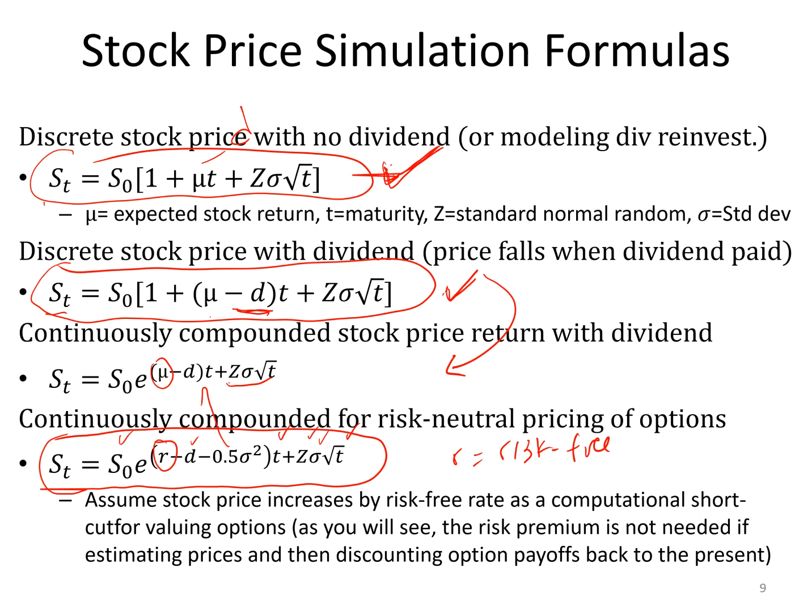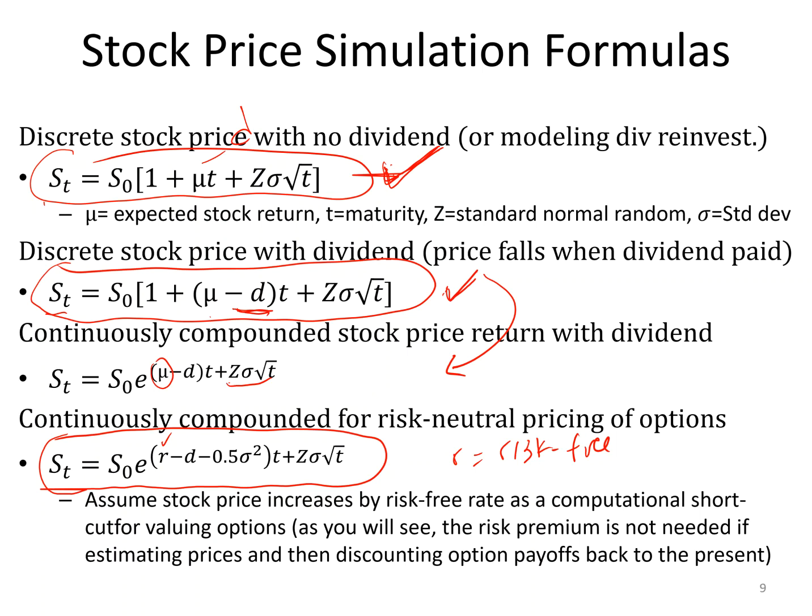However, when valuing options, it is perfectly okay to assume that stock prices go up by the risk-free rate as a computational shortcut. When we do that, we say that we're assuming risk-neutral pricing.